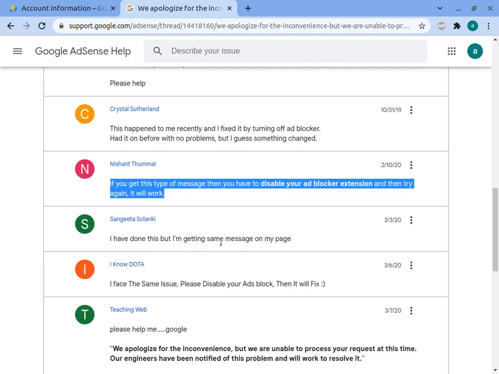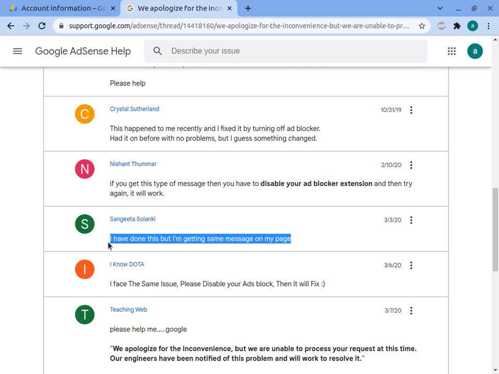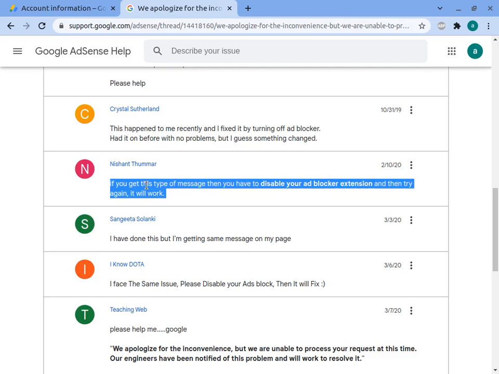"I have done this, but I'm getting the same message on my page." You can see this person also, this didn't work for him. That's why you can be in the same scenario. As I'm saying, it's not always one fix.